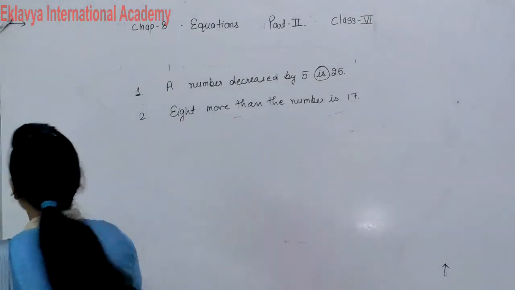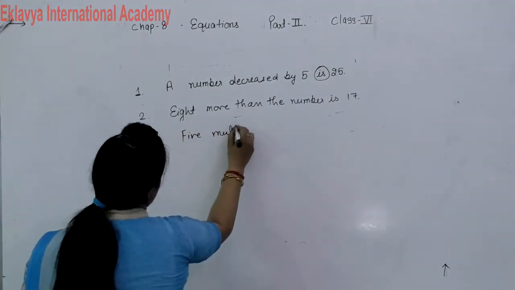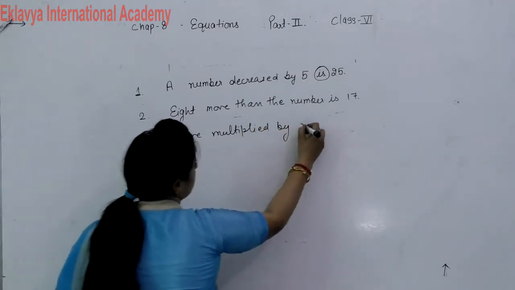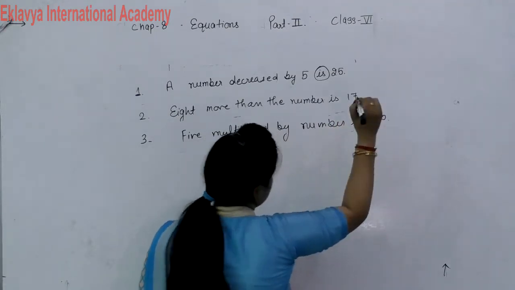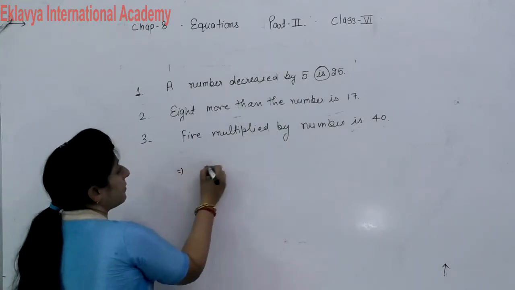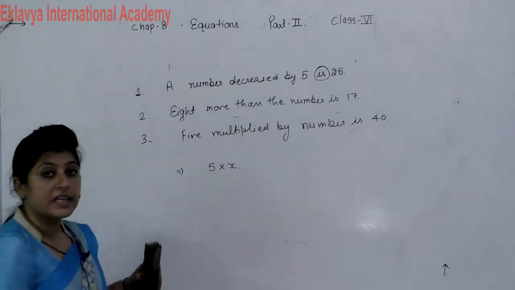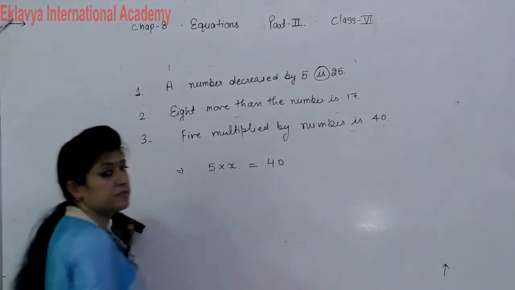5 multiplied by the number. Let the number be x. 5 multiplied by the number means we have to multiply that number by 5, is equal to 40.